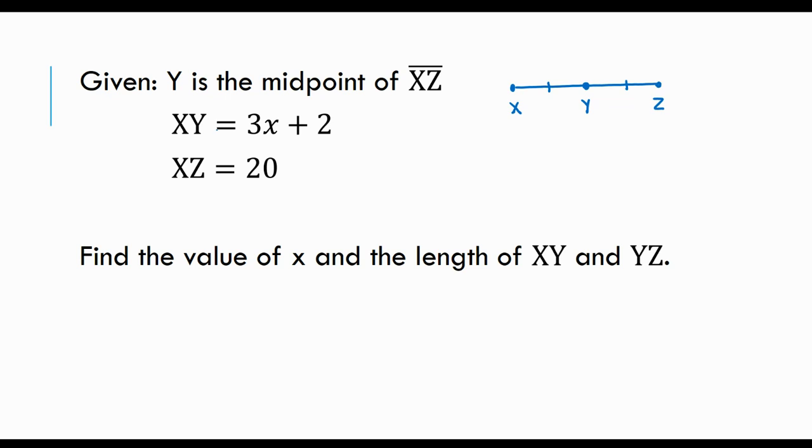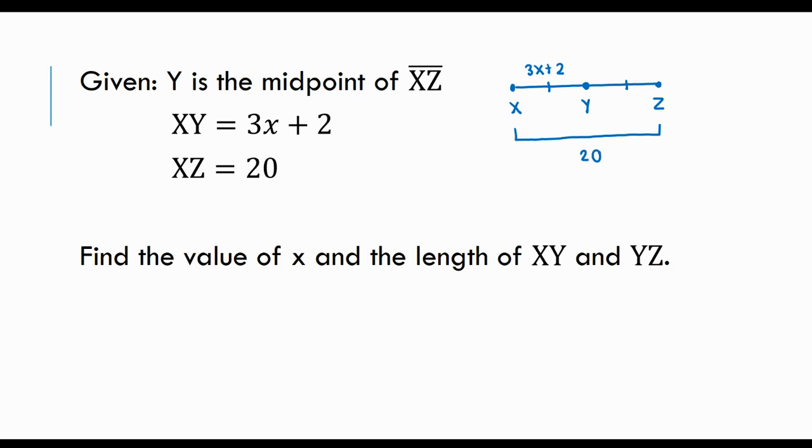I'm also given that XY is represented as 3x plus 2, so I'm going to write that right above that segment. I know that XZ, this whole entire thing, has a length of 20. They want us to find the value of x and then find the length of XY and YZ.